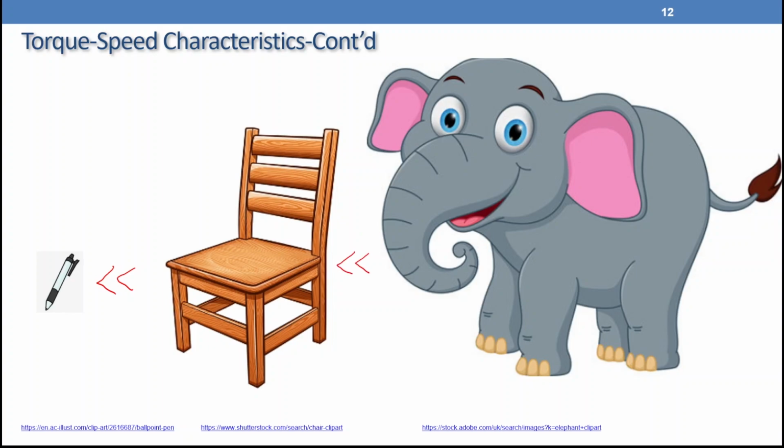Or from the other side, the elephant is too big with respect to the chair, and the chair is too big with respect to the pen. So one time we look at the chair as too big, and one time as too small. Here we are going to use the same concept for the slip term. One time the slip will be a too high value, and another time a too low value. So this is how I'm going to give you the idea. That is why I choose the slip term S, one time too low and one time too high.